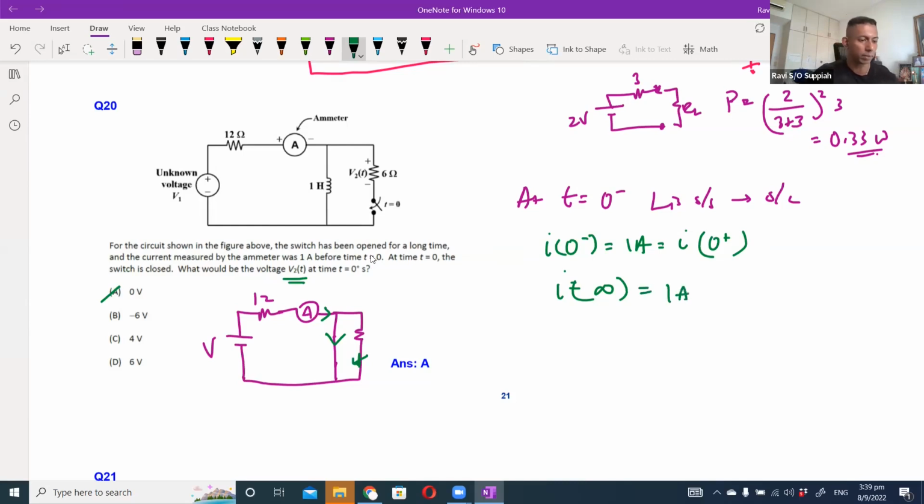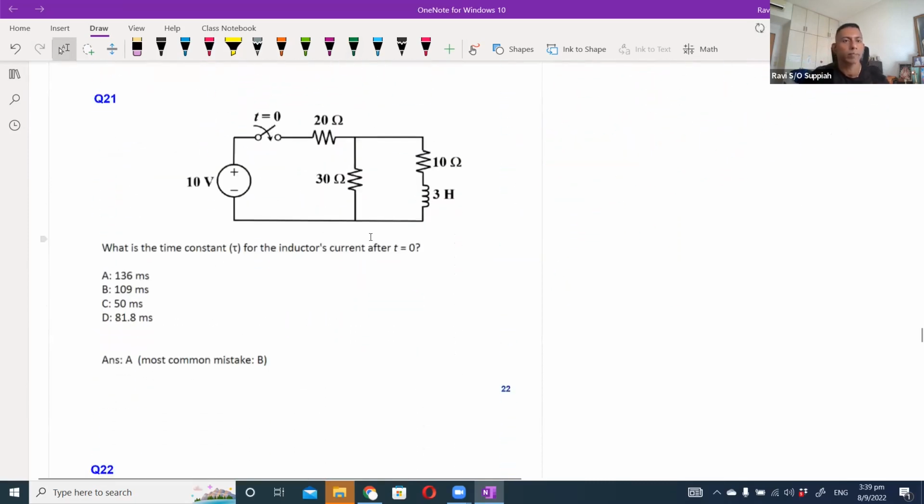It is still 1 ampere. Okay, so that is question 20.